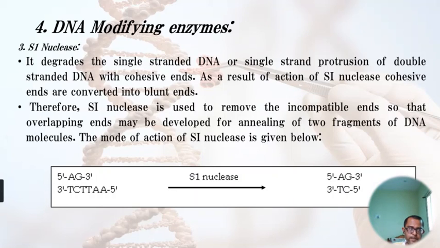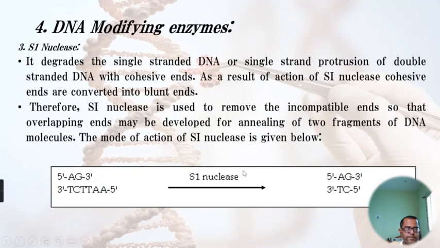The characteristic of this S1 nuclease enzyme is that it degrades the single-stranded protrusions of the double-stranded DNA. It can easily break down the overhang. You can see here, these are the cohesive ends or staggered cuts. This S1 nuclease enzyme converts the staggered cut into blunt end products.